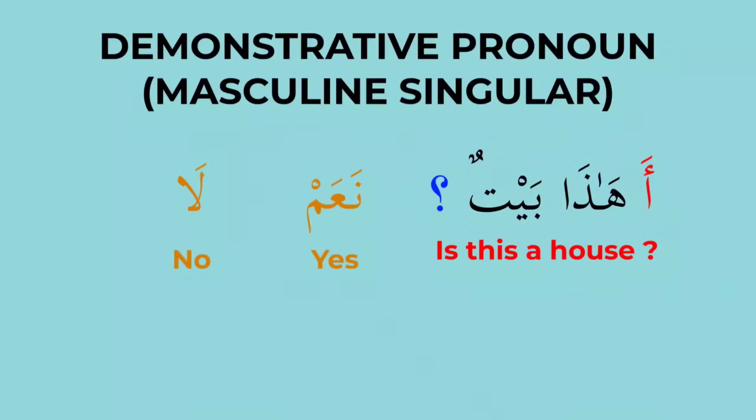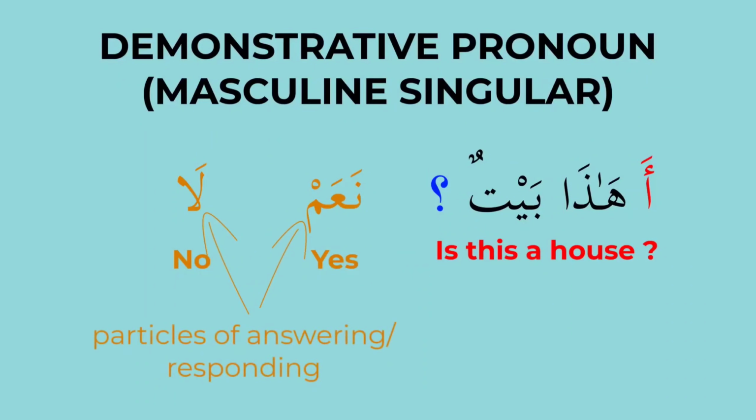Okay, brother, what are na'am and la? Are they nouns? Are they verbs? What are they? It's a harf. Harfu jawab, particle of answering. And la is also a harfu jawab, a particle.